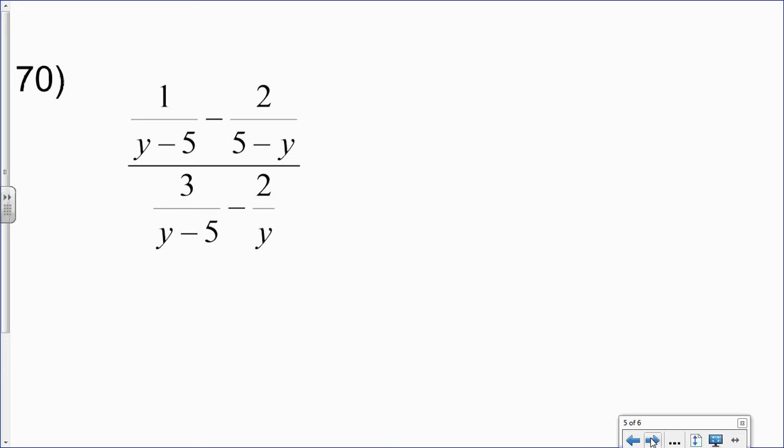Changing the order isn't something that you have to do, but it will make it easier. So I'm going to write this here as negative y plus 5. So I changed the order. Let me cross that out so I know I'm done with that.